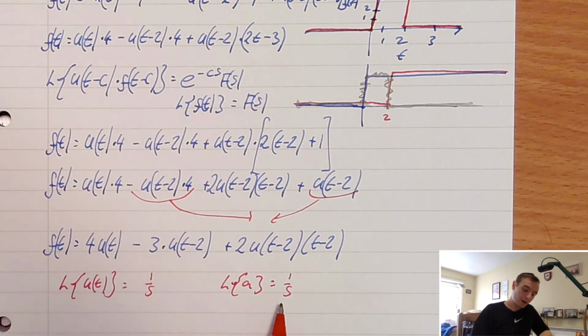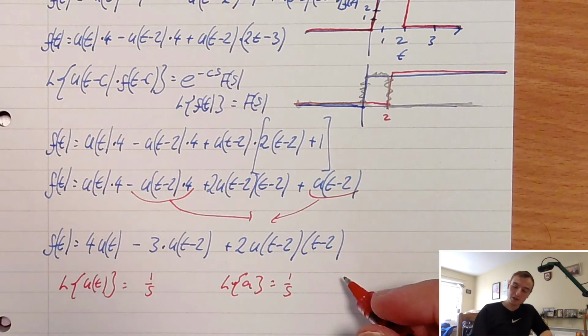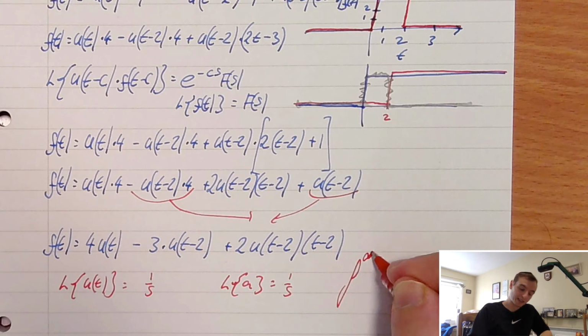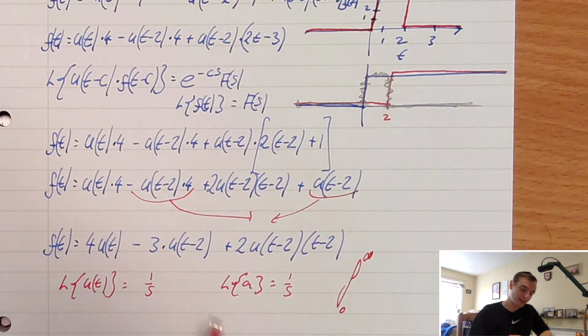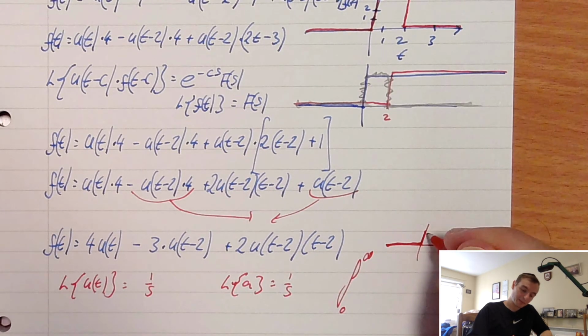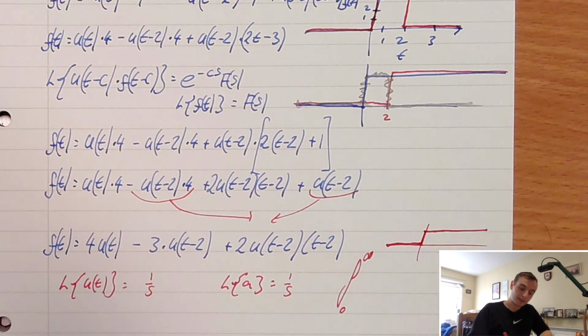And multiplying the function by u(t) doesn't change anything, because the definition of Laplace is defined over the semi-infinite integral between infinity and 0. And since that u(t) function is 0 for t less than 0, and then 1 for everything beyond that, up to infinity, the u(t) doesn't actually change the function, so it's going to be 1/s. So if it was the Laplace transform of a·u(t), it would just be a/s.